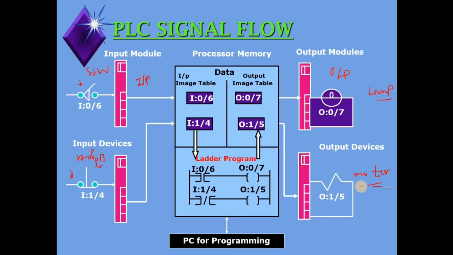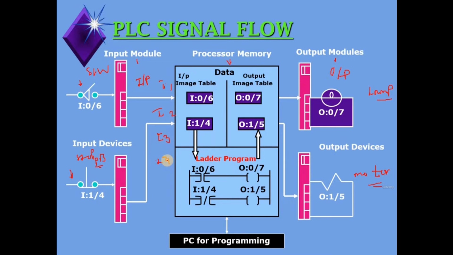There are so many components available in the PLC, and very soon we are going to learn about them. But here you can observe the input module, the processor memory and the output module. On the left side you can observe the number of inputs: input number 1, input number 2, input number 3, 4.